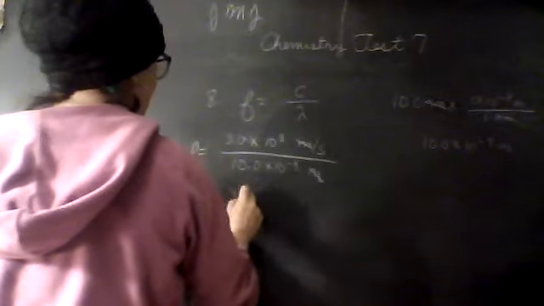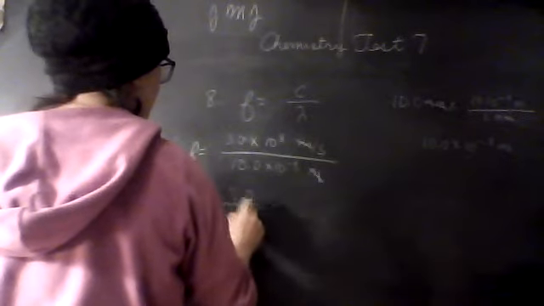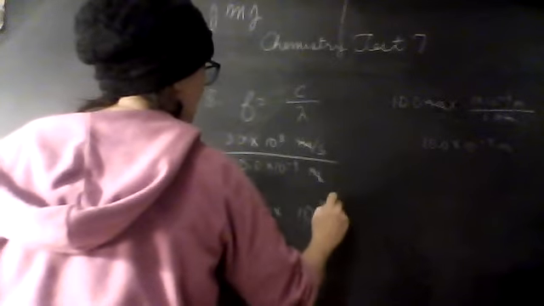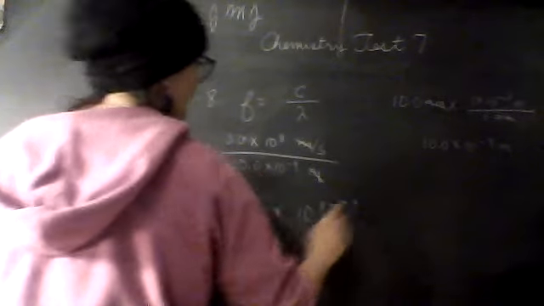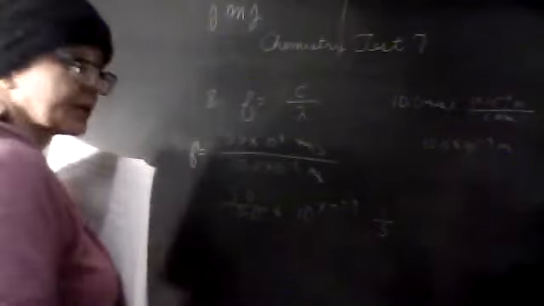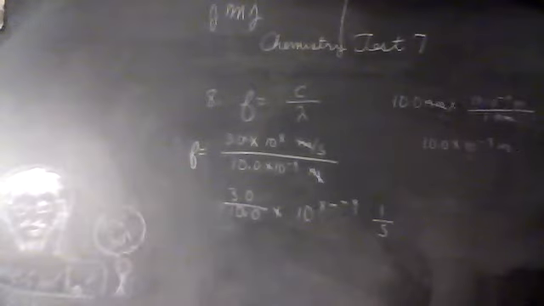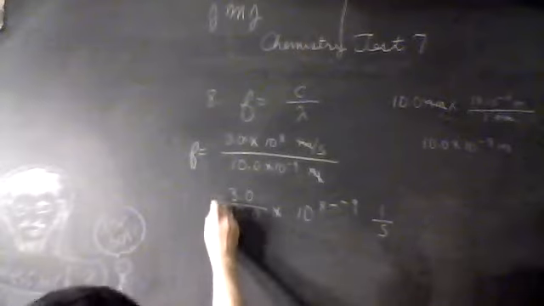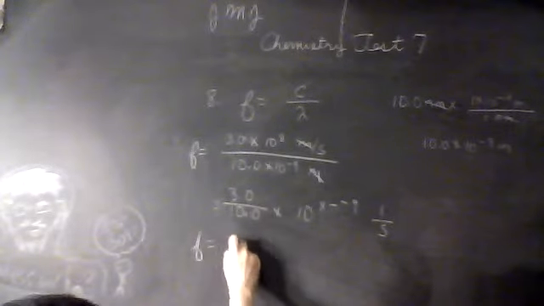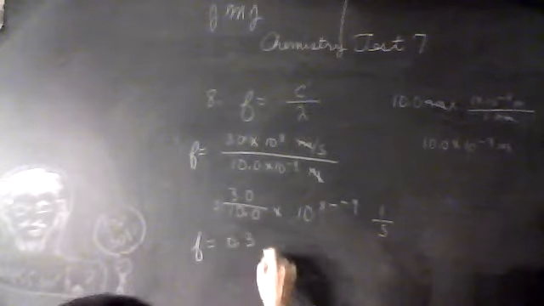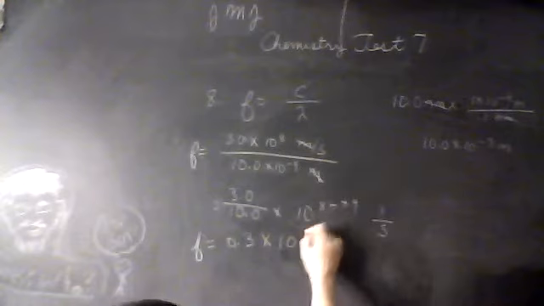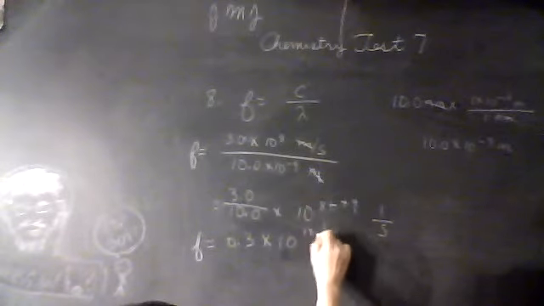So 3.0 divided by 10.0 times 10 to the 8th minus negative 9, in 1 per second. Everybody seeing what I'm doing? This is 0.3 times 10 to the 17th, 1 per second.